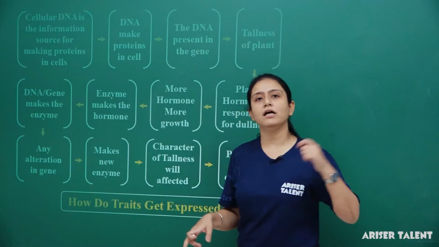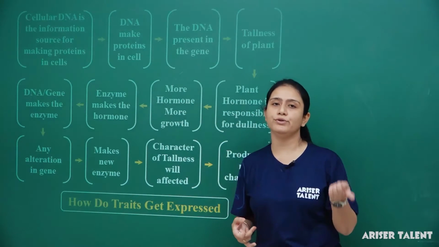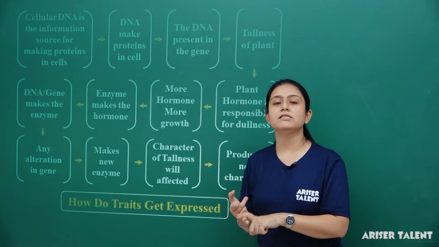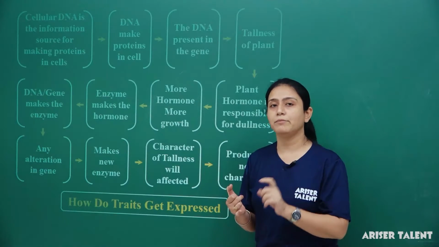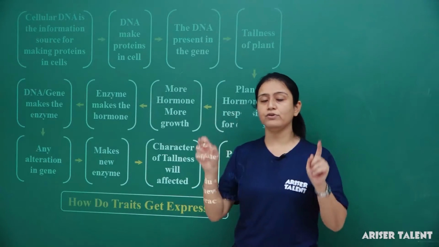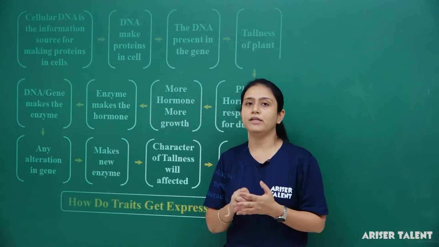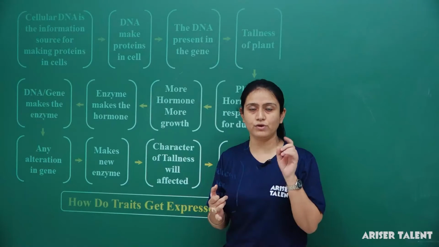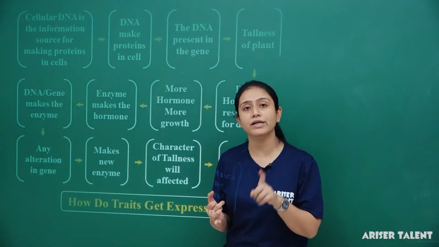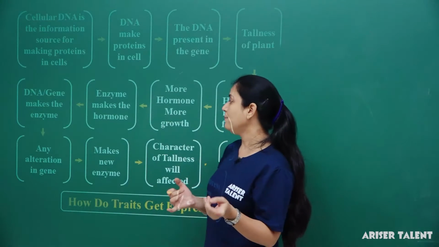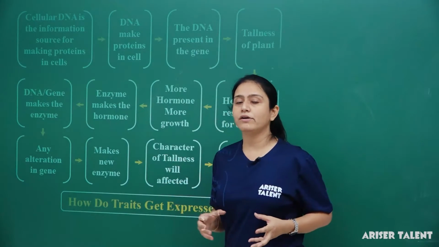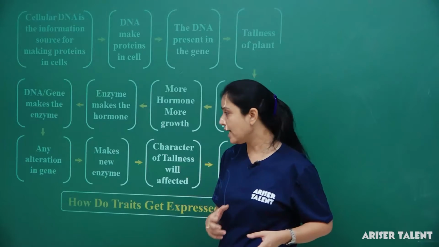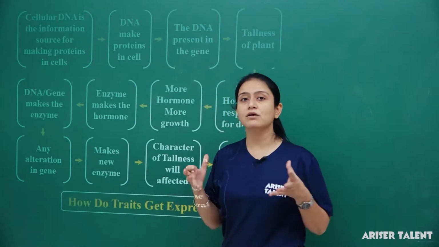As in my previous lecture, when I told you Mendel's laws, the monohybrid cross and dihybrid cross, I gave you the explanation that everything like tallness or dwarfness of the plant depends on its enzyme only, or depends on the gene only. So if any alteration comes in the gene, then a new enzyme is formed.